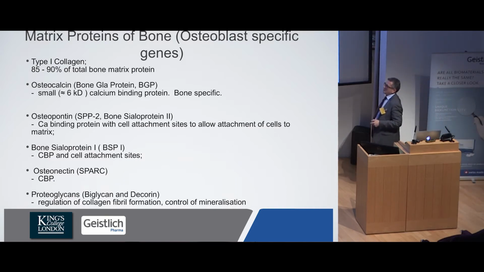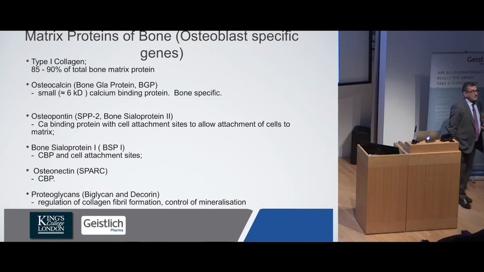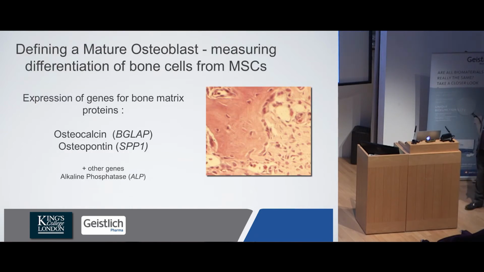And there are various other proteins that you could say are characteristic of an osteoblast. So a mature osteoblast can be defined by the genes that it expresses. For example, you could define an osteoblast because it expresses osteocalcin, osteopontin, and other genes such as alkaline phosphatase.